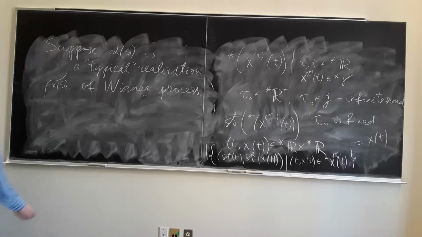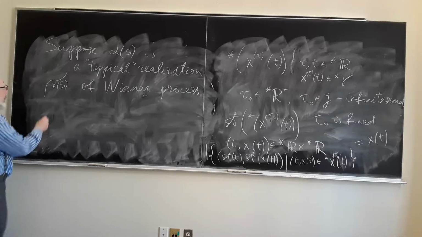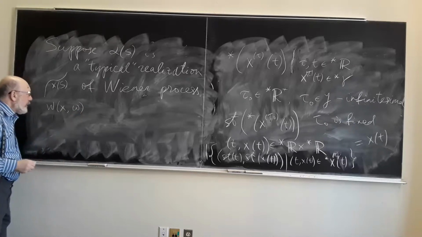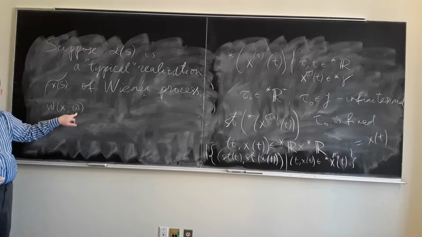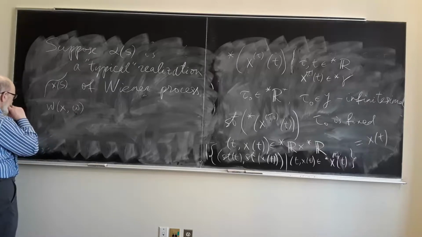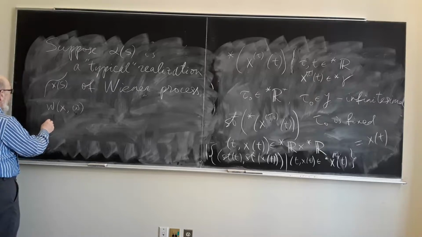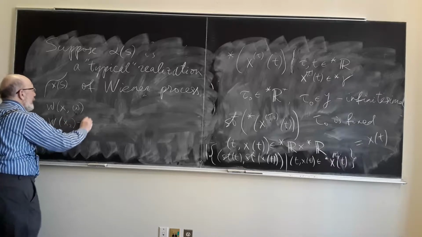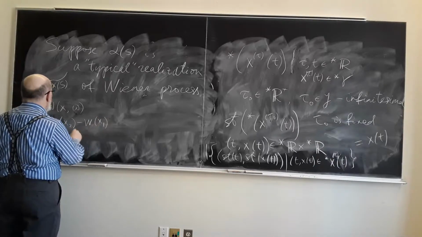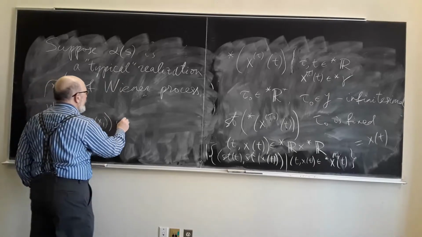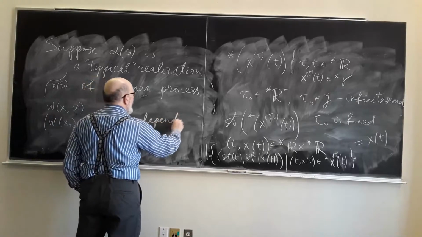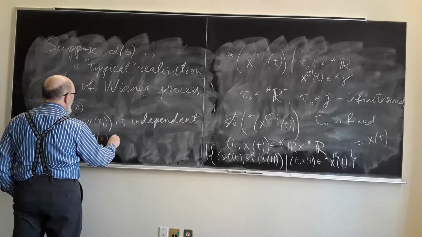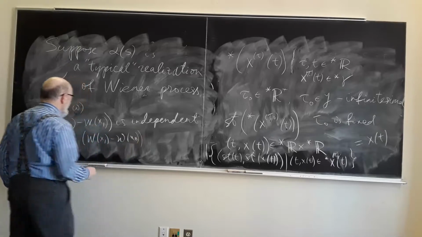Linear process is a random function w of x and omega, such that omega is a random parameter, such that x2 minus x1 is independent of w x1 minus w x0.